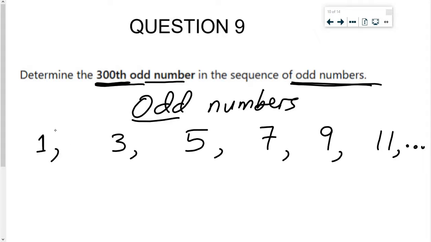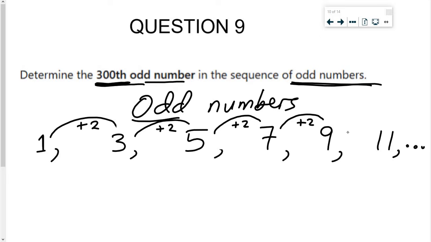From 1 to 3, we have add 2. 3 to 5, add 2. 5 to 7, add 2. 7 to 9, add 2. 9 to 11, add 2. So the sequence is adding 2 to get the next odd numbers.